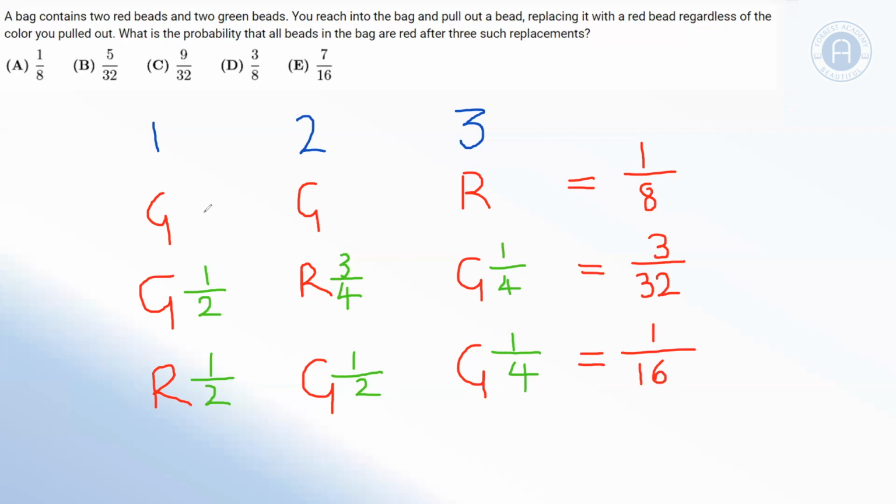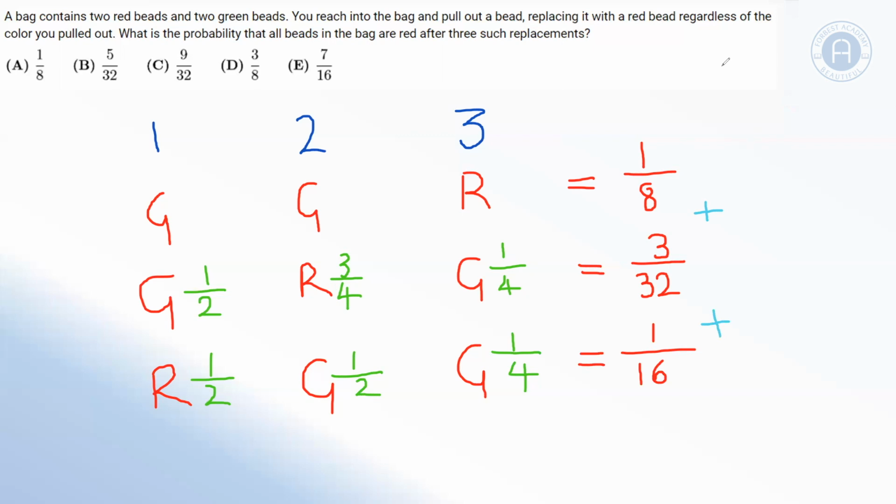So we're working out probabilities. If we're working out the probability of this and this and this, we multiply those probabilities together. And now we've got our probability of green, green, red, our probability of green, red, green, and our probability of red, green, green. It can be this, or this, or this. So for those, we will add the probabilities together. To add these together, we need to convert to a common denominator.